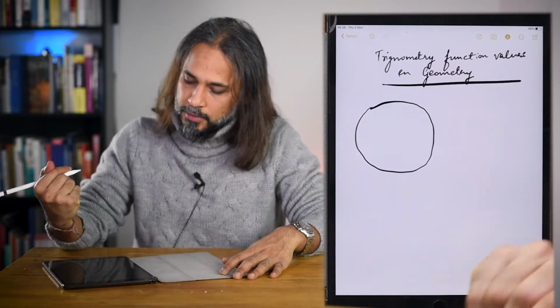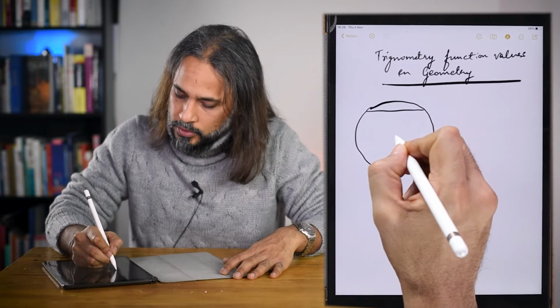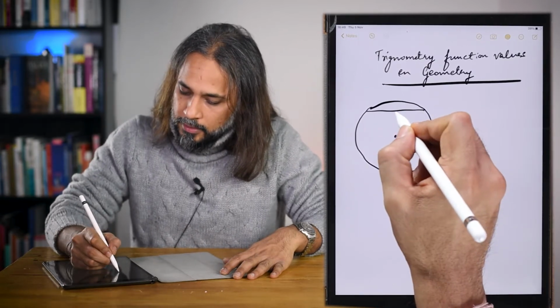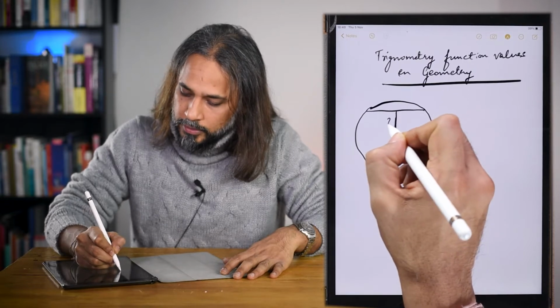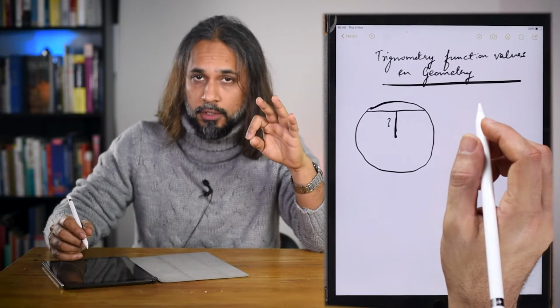Let's take a circle and put a chord here. Now the question is, what is this value here? What is the distance from the center to the chord?